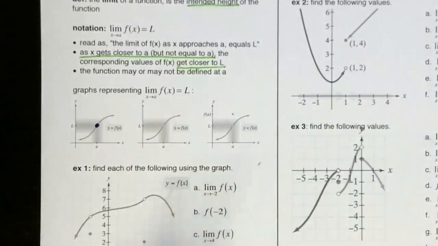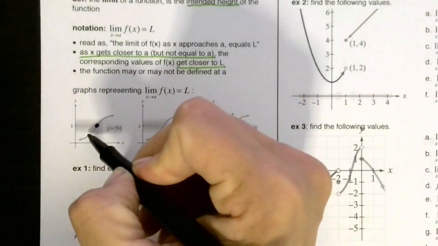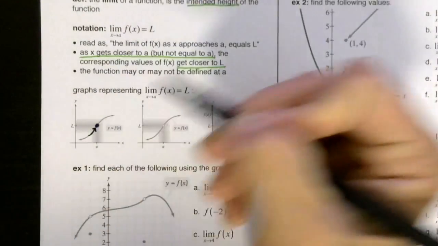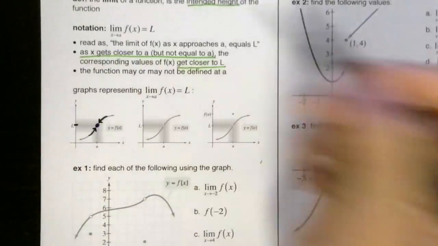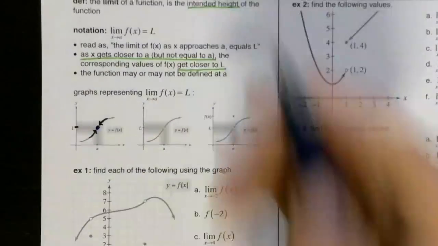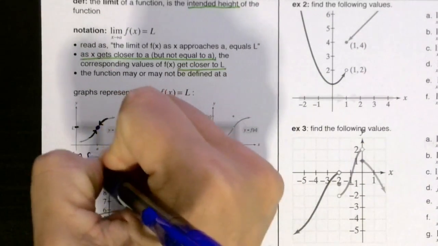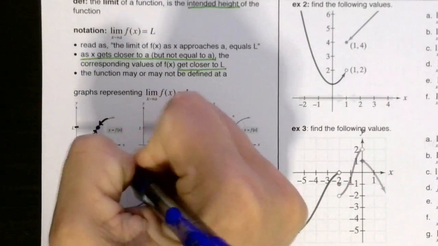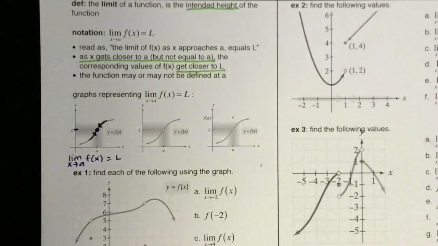And as we approach the a value, which we don't know what it is, coming this way, it has a height of L, and coming in from the right, it also has a height of L. So we would write that the limit as x approaches a of the function equals L.